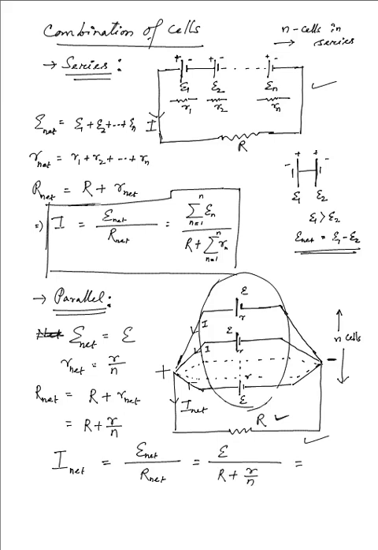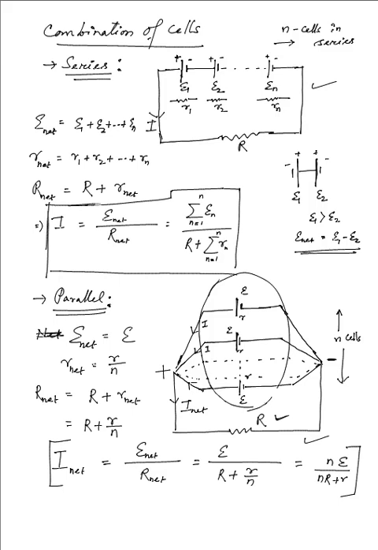The n can be taken as the LCM in the denominator part, so we have n times R plus r, and this n that is down there can go up simply, and we have nE. So this is basically the value of the net current flowing across the circuit in case of cells in parallel, subject to the condition that each cell has the same EMF as well as the internal resistance.